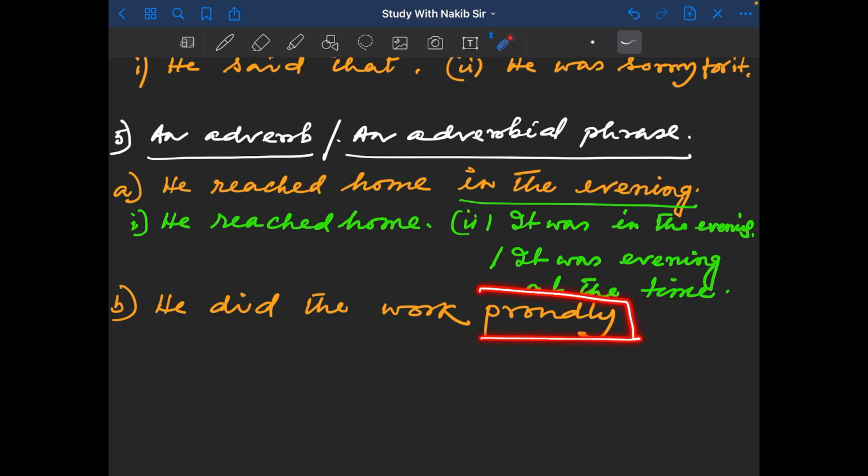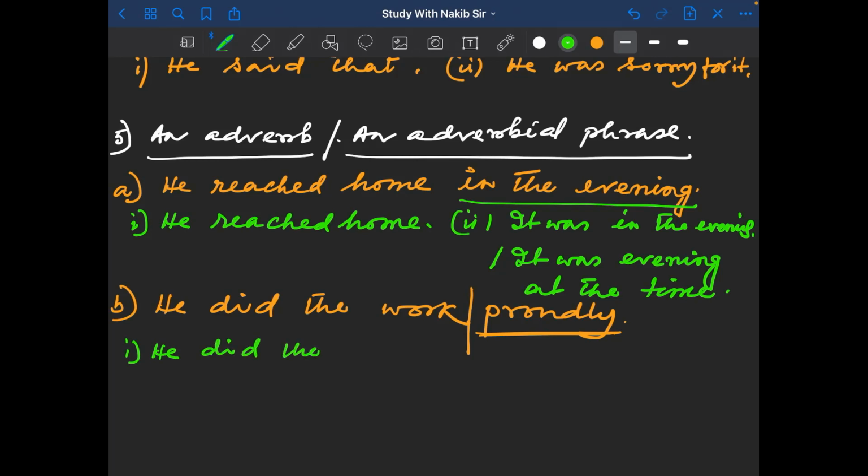Proudly is an adverb, adjective plus ly, adverb, proudly. Okay, so for this proudly adverb, we will make a separate sentence. So cut it here. He did the work. Write the answer. Number 1, he did the work.